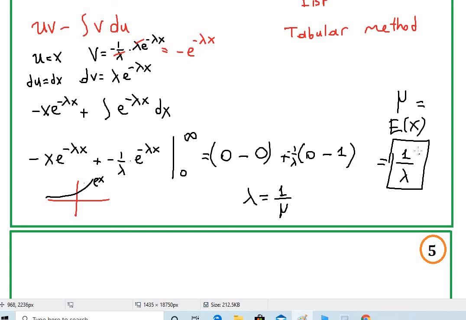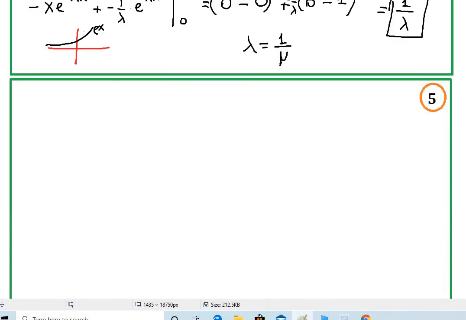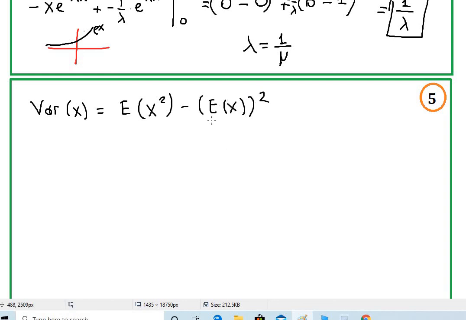Alright, so now we have 1 over lambda as our expected value. The variance by definition is the expectation of x squared minus the expectation of x, the quantity squared. We already found the expectation of x in the previous step, which was 1 over lambda, and we're going to square this quantity.